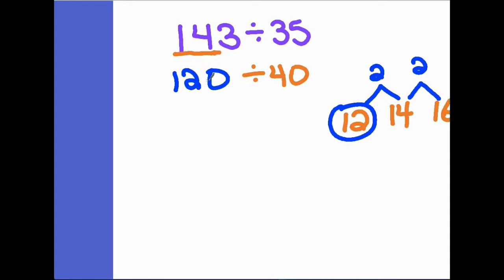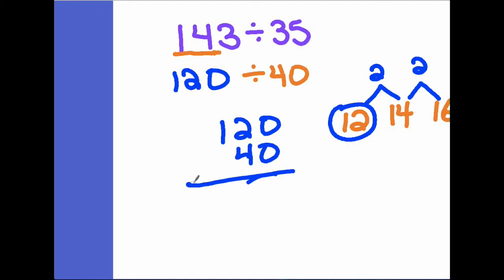No. So can you do mental math if you have random numbers that you have to carry over? No. So this is why you have to do it this way. So 120 divided by 40, line the numbers up. What do I do with my zeros? What's 12 divided by 4?